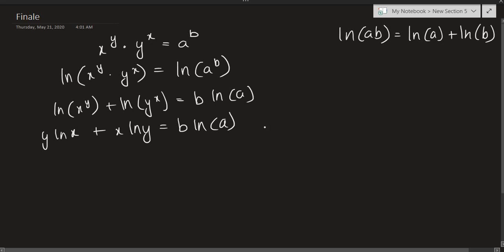And when we realize we can't simplify any further, that is exactly a good time to differentiate with respect to x on both sides. So then we have product rule here.